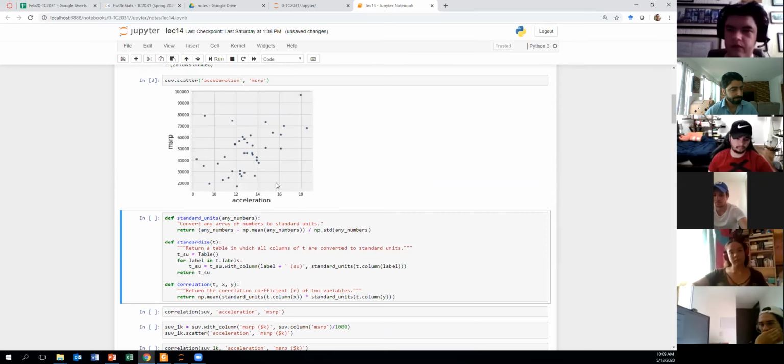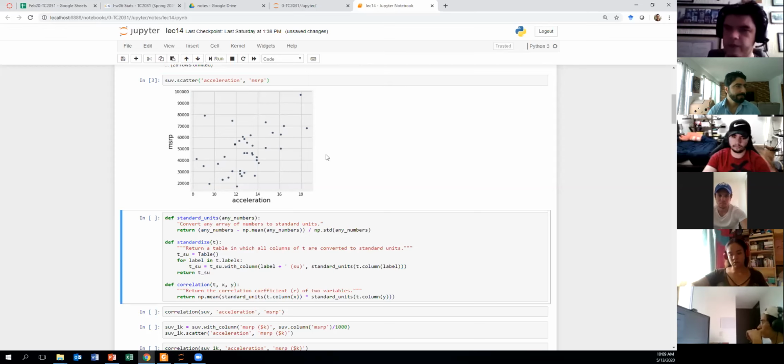Around 0.4. Yeah, because you can see a diagonal pattern, but they're very, very scattered. Umberto, you want to add something? Maybe 0.5, 0.6.